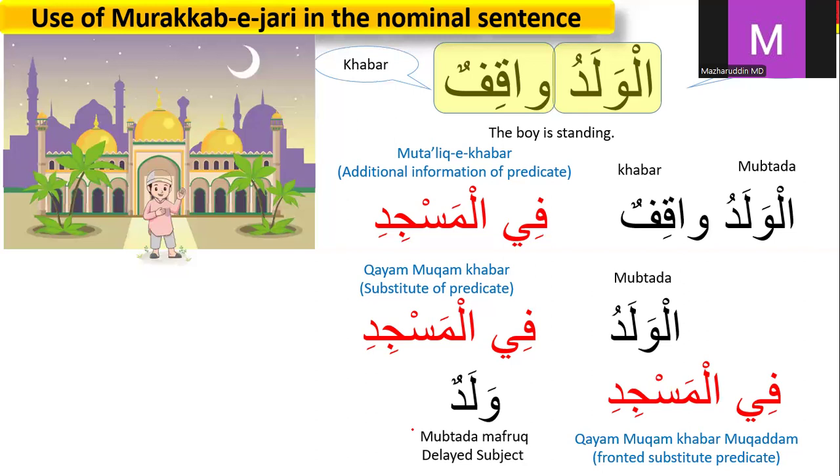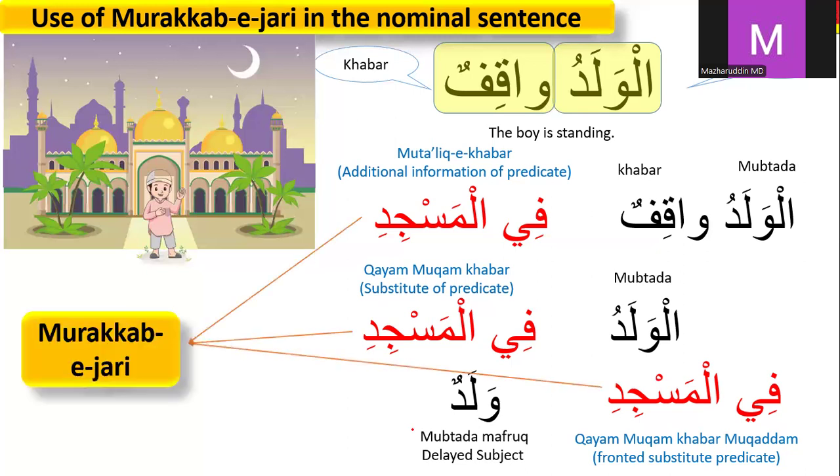And when the sentence starts with murakkabe jari, it is called qayam muqam khabar muqaddam. Why does it begin with murakkabe jari? Because your mubtada is either indefinite or it is delayed. Okay. So these three are murakkabe jari.